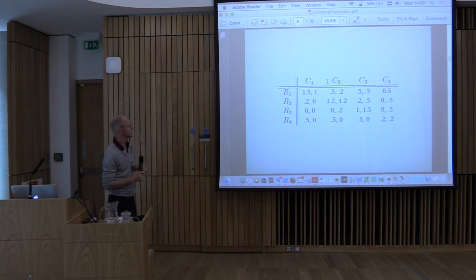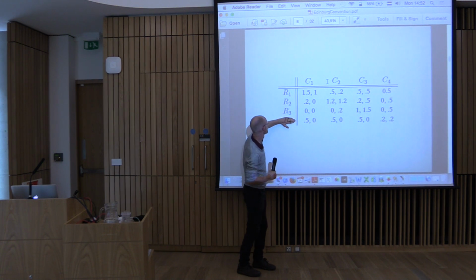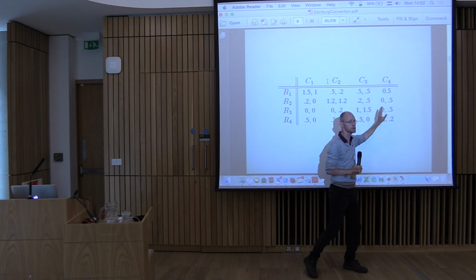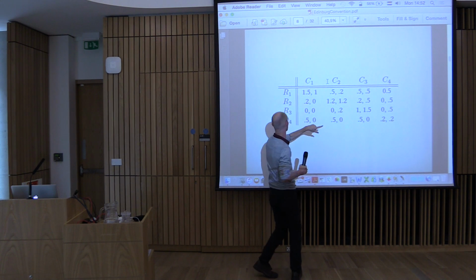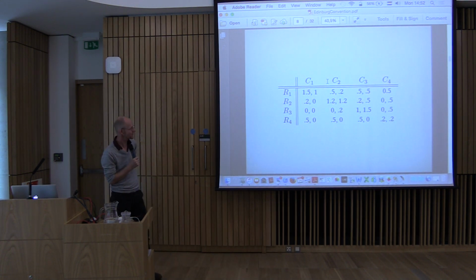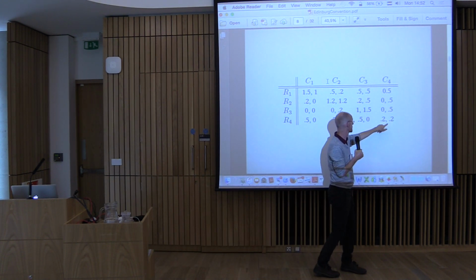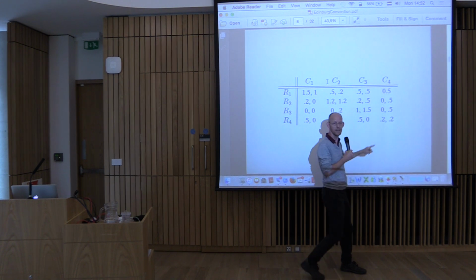So here's another game. Up to row 3 and column 3 it's just the same as we had before, but we add for both players an extra action to do. And these are the utilities, and I claim that this is actually a Nash equilibrium as well. Do you agree with that?